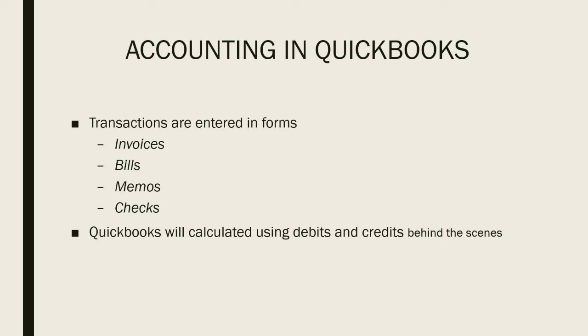And we'll talk about what a transaction list report does. It actually shows you the actual flow of your debits and credits and how every transaction that you enter, whether it's a check, invoice, or bill, actually creates the debit and credit system behind the scenes, okay?